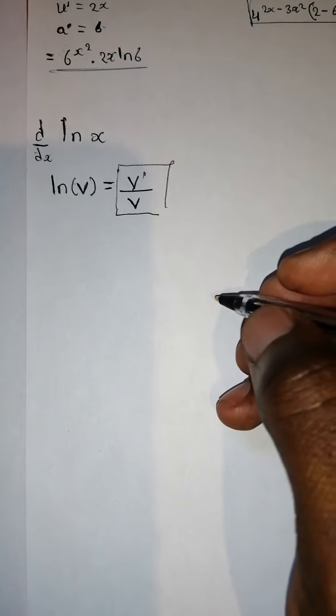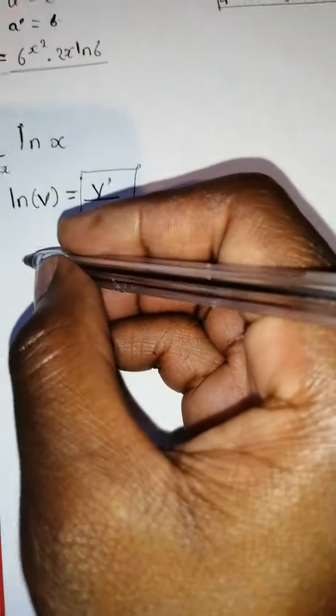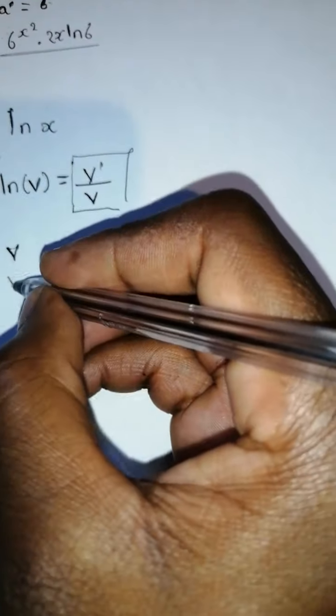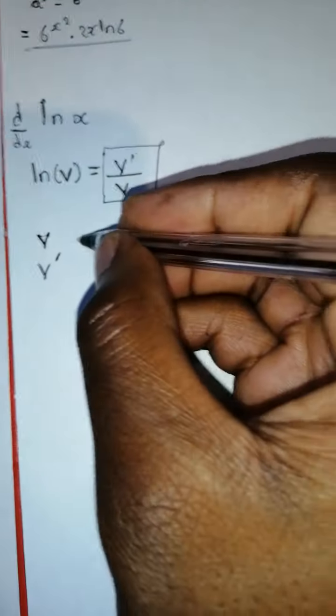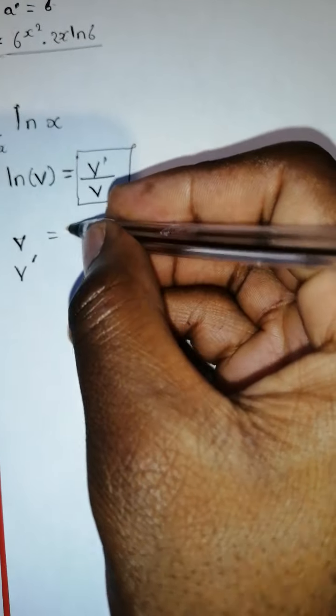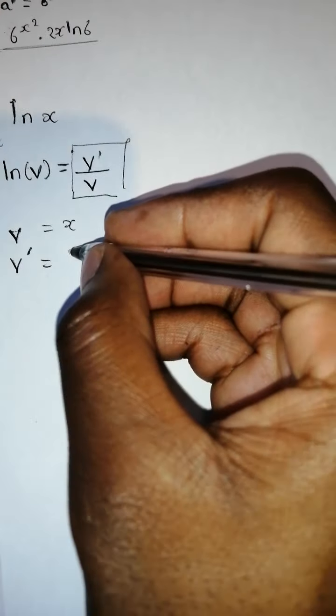Again, we're going to identify what we have, v and v prime. Here v is equal to x, and v prime, the derivative of x, is 1.